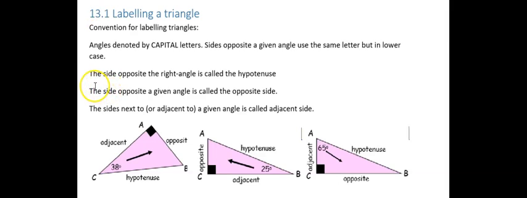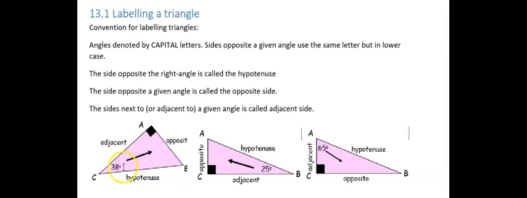Before we get on to looking at our sine, cosine, and tangent, what we want to do first of all is look at how we label these triangles. So, very important how we label the triangles. If 38, for example, here is my marked angle, and also I've got a right angle, and so it's a right angle triangle, then relative to the 38 degrees, this side here, from A to B, is labeled the opposite side.